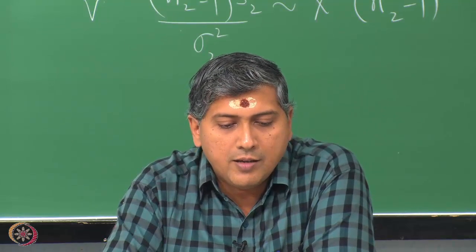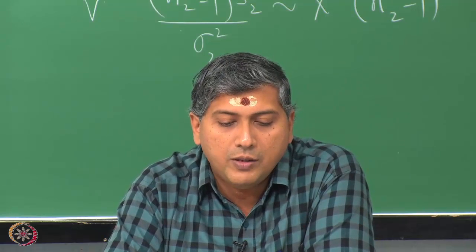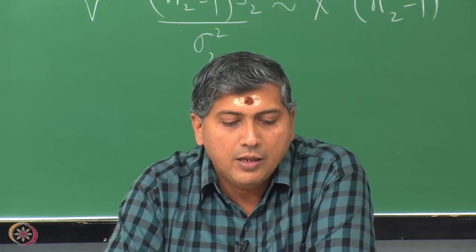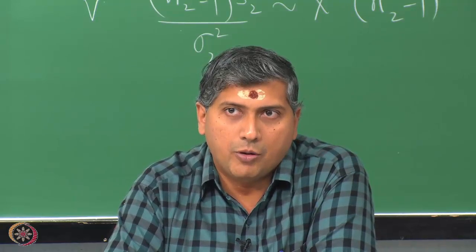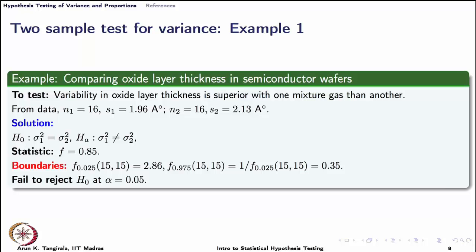Very good. Now, we ask if the observed statistic falls within the acceptable region, and it does, and therefore we fail to reject the null hypothesis. The observed statistic is 0.85, and the bounds are 0.35 and 2.86.